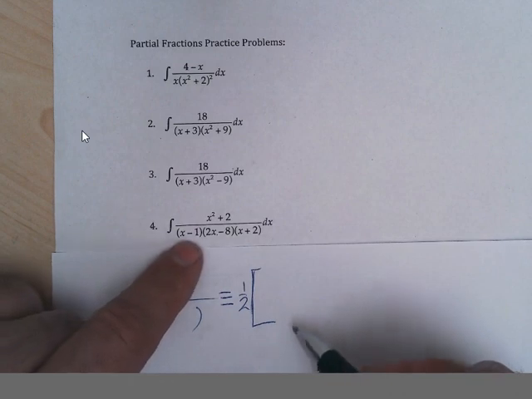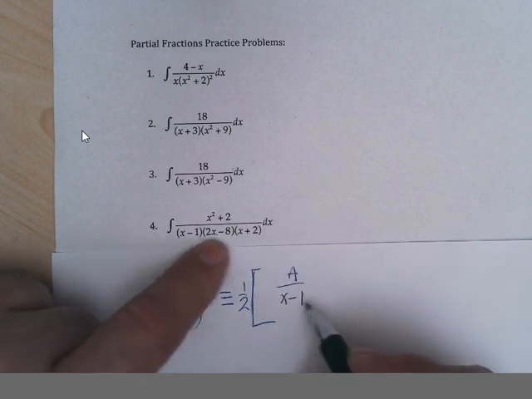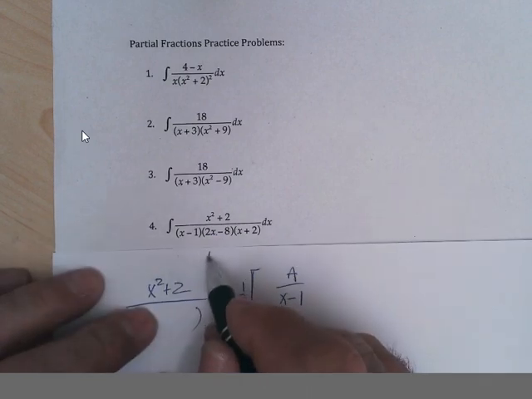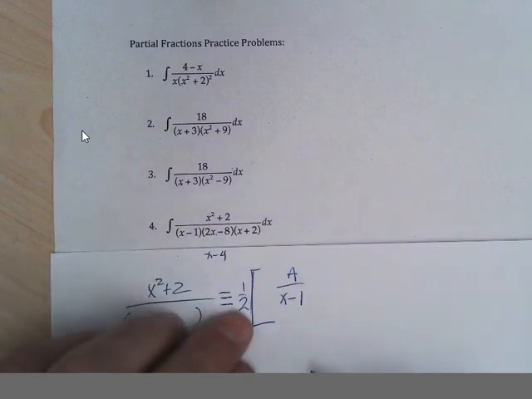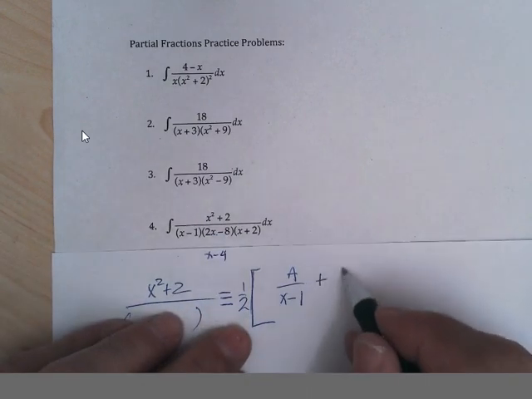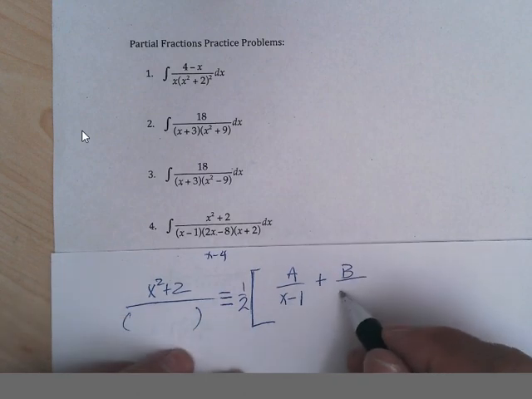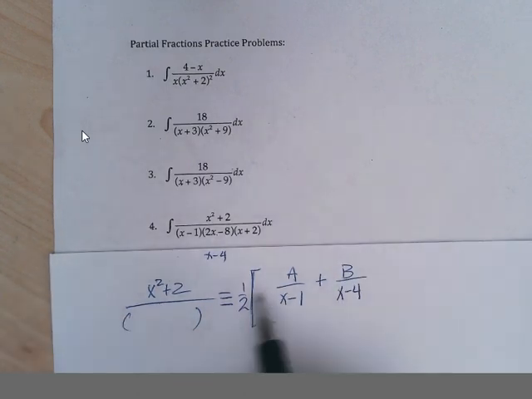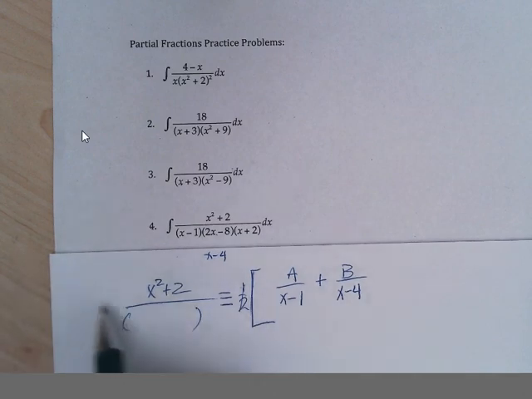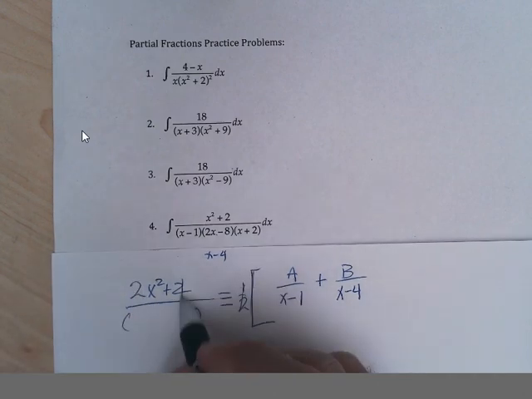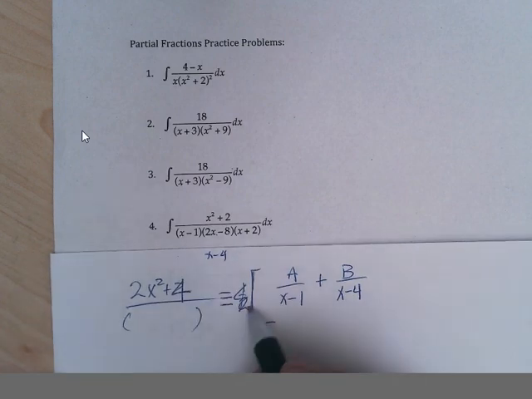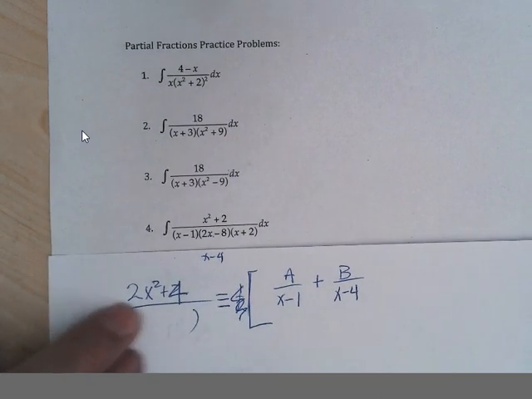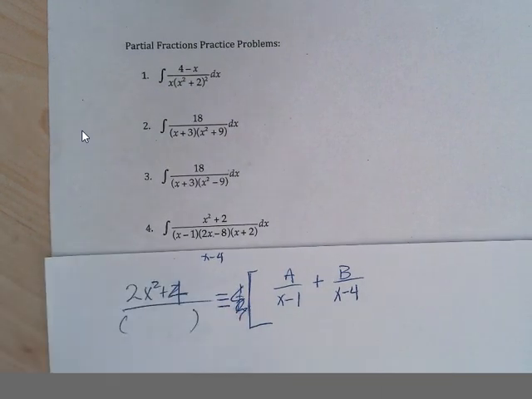And I would have a over x minus 1. And this would be x minus 4. So plus b over x minus 4, and I'll multiply both sides by 2, so that'd be 2x squared plus 4. That's how I'll take care of the half.